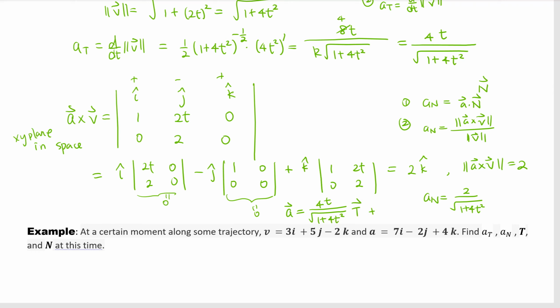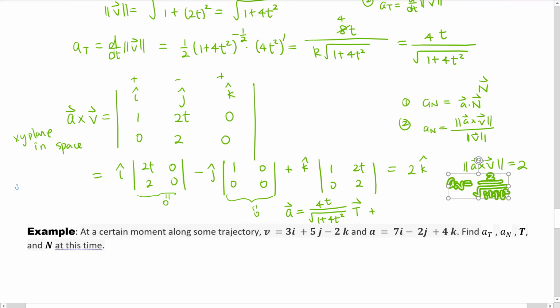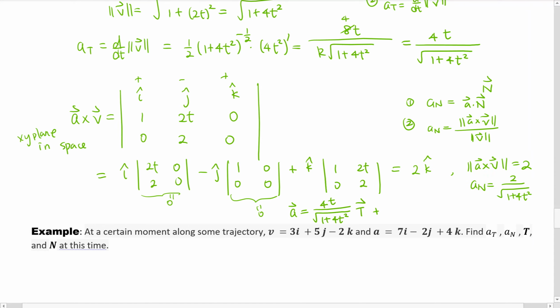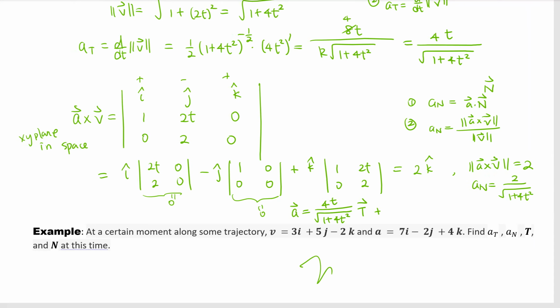Now we're done, because AT is 4t over the square root of 1 plus 4t squared, and AN is 2 over the square root of 1 plus 4t squared. So this is the acceleration.